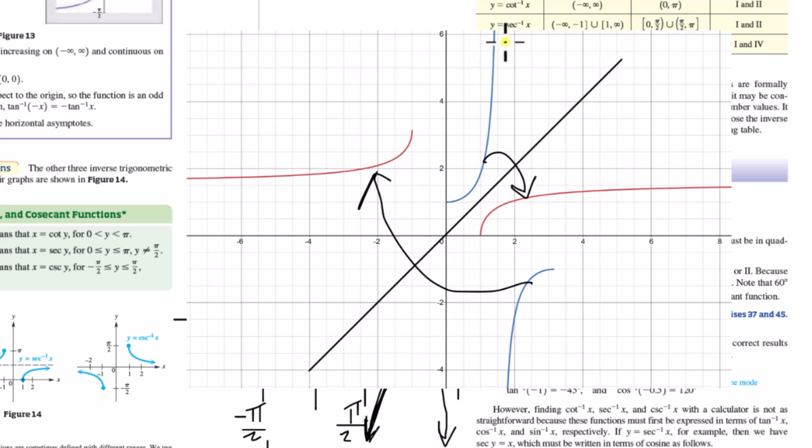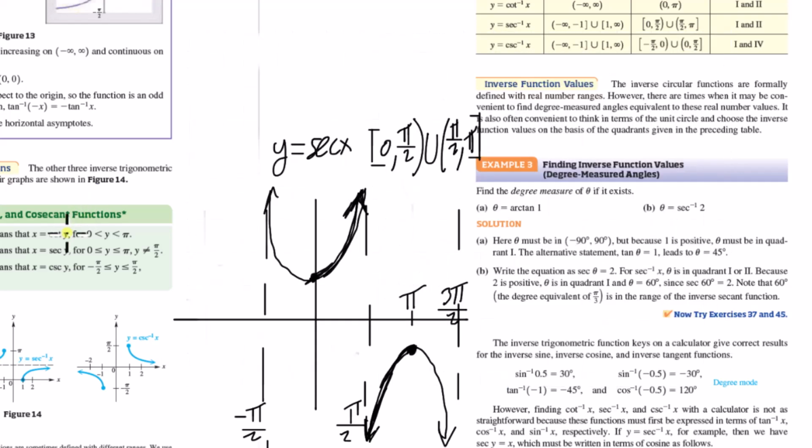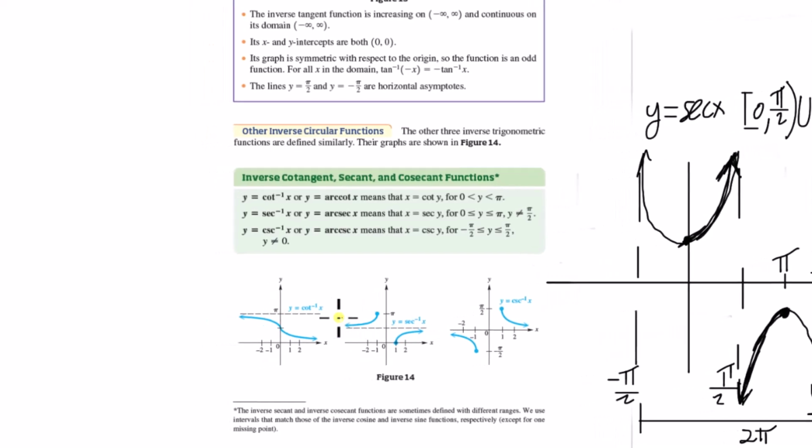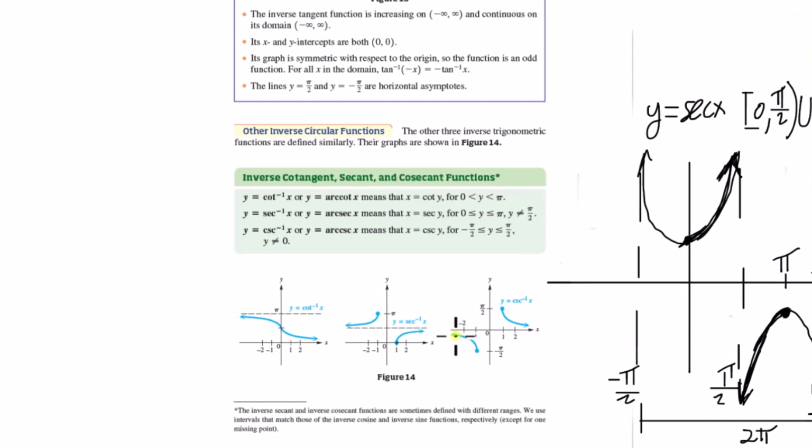Secant with the domain restriction has one vertical asymptote, so we're going to get one horizontal asymptote in arc secant. It's a similar idea when it comes to inverse cotangent and inverse cosecant.